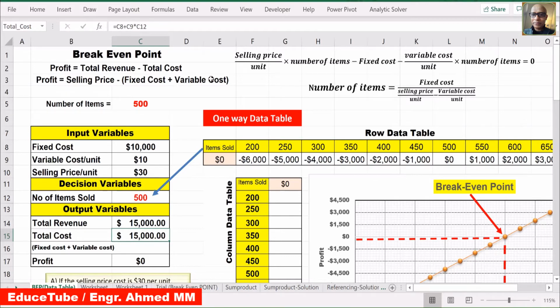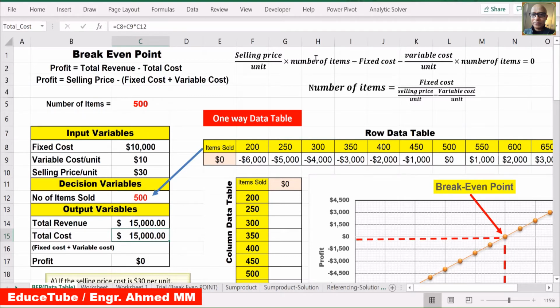Taking this equation, putting profit equal to 0, selling price per unit multiplied by number of items, totally it is called selling price. Again minus fixed cost, minus variable cost per unit multiplied by number of items, totally it is called variable cost.